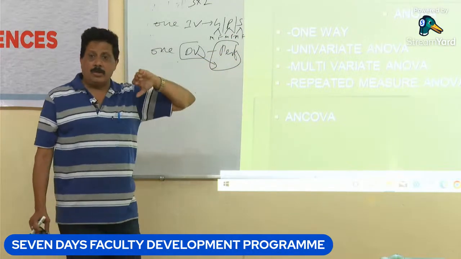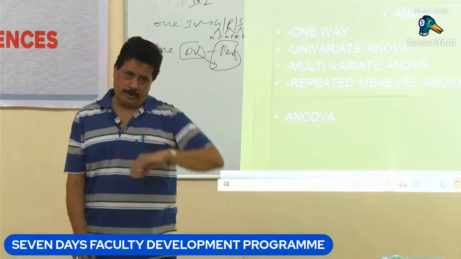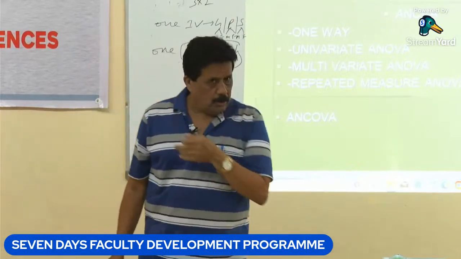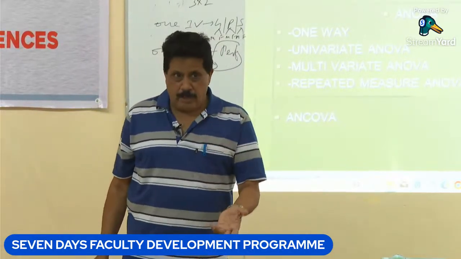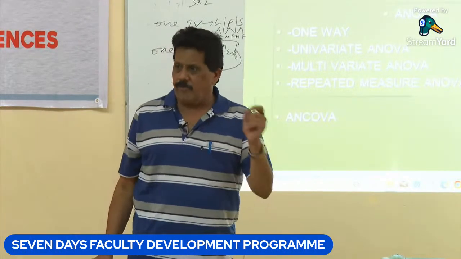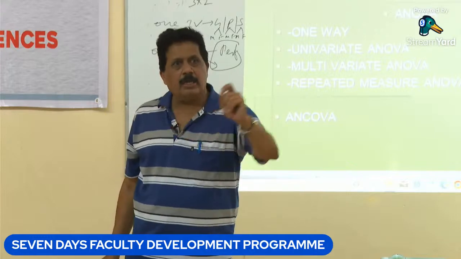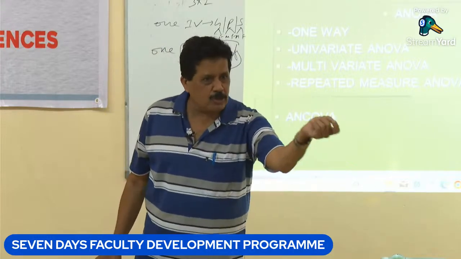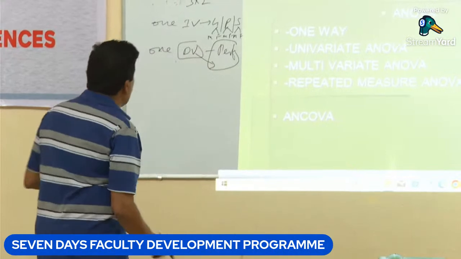Then multivariate ANOVA, or the short form is MANOVA. Instead of ANOVA, you add M, that becomes MANOVA. So now what is the meaning of MANOVA?